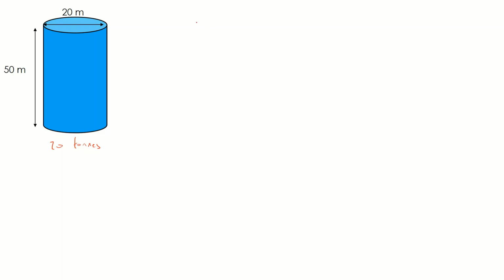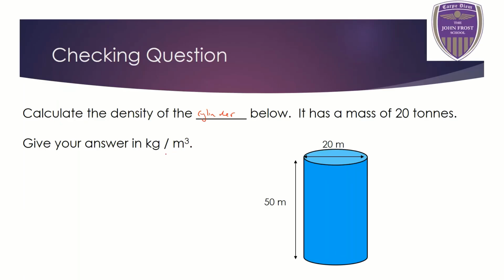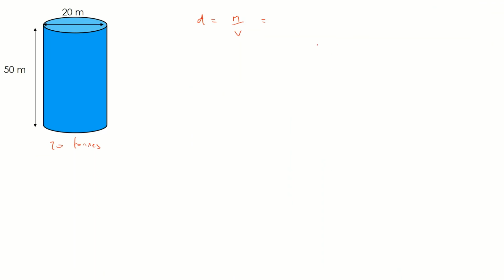All right. And so density is mass divided by volume. See, the question said I want the answer this time in kilograms per meter cubed. All right. So I'm going to need kilograms on top and meter cubes on the bottom for this one. And I spot that this 20 tons is not in kilograms, but it soon will be, because remember that 1 ton is 1,000 kilograms.